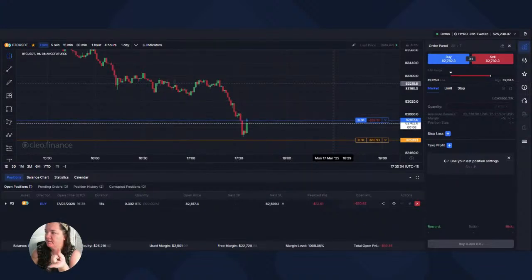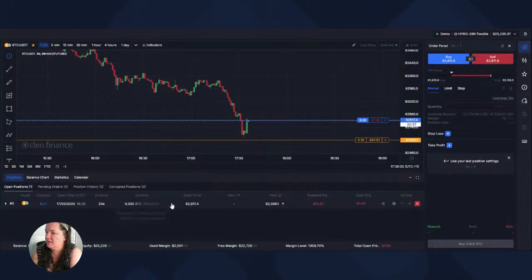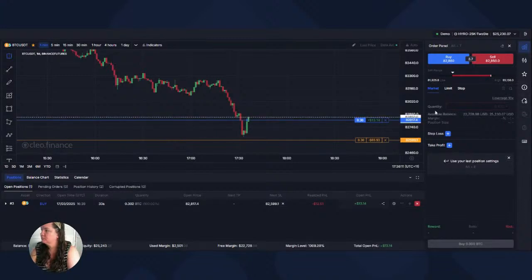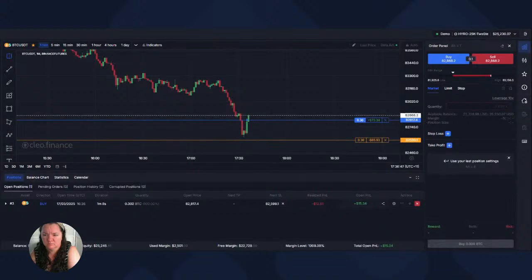Oops, usually I have it on 100x just for my own psychology, but it's still the same because I'm only using 25,000. Okay, I'm just adjusting all my other positions.